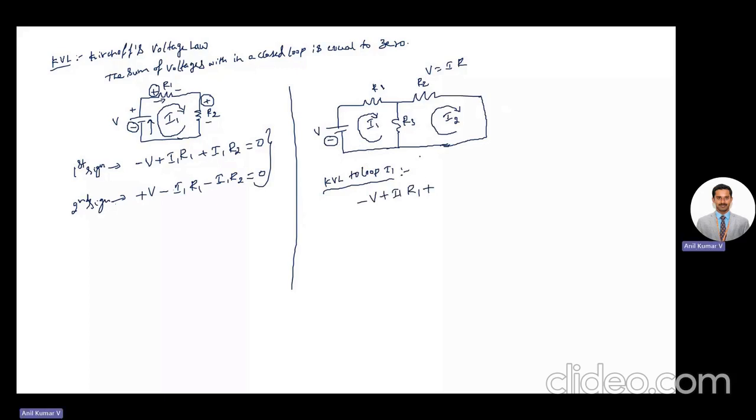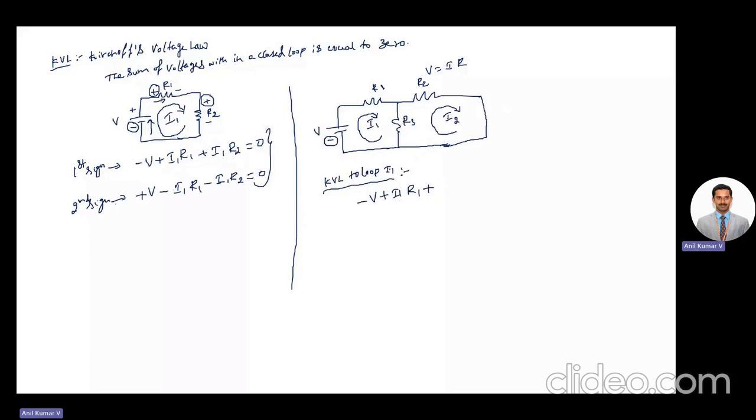But here there is a condition where your R3 is connected between both the loops. That means whatever current flows across R3 will be because of the contribution of I1 and I2. Which current do you take as positive, and which as negative? That is one of the important things.